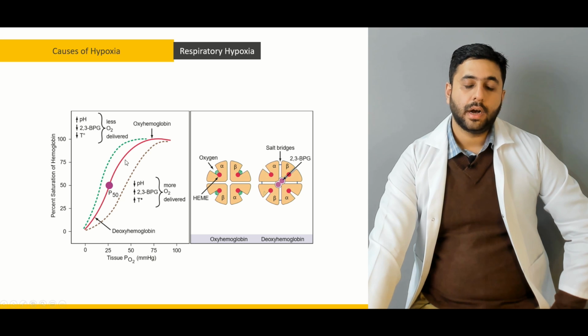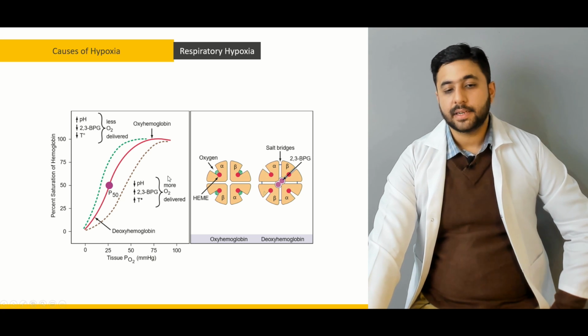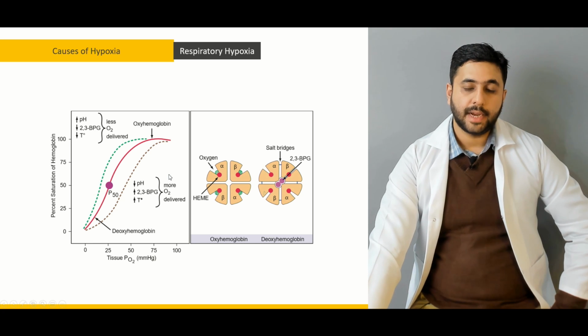Any condition that moves the hemoglobin oxygen dissociation curve to the right can lead to increased unloading of oxygen. What can be the conditions that lead to the right shift of the oxygen hemoglobin dissociation curve?